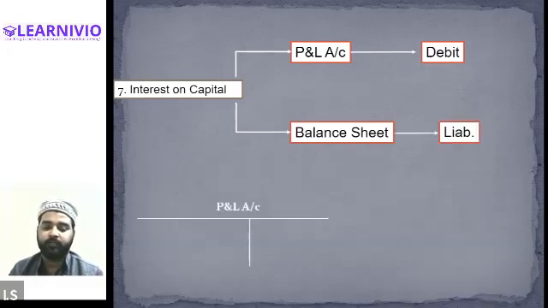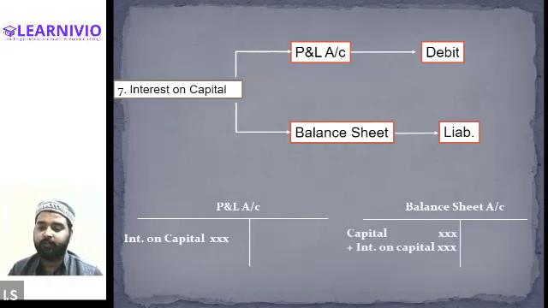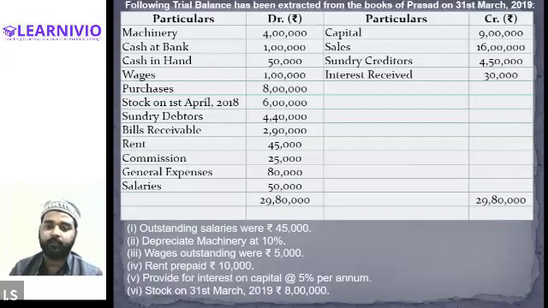This is how it will be done in the profit and loss account and balance sheet. In the balance sheet, we will be writing it on the liability side, capital plus interest on capital.